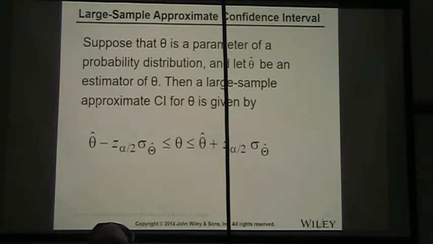Then a large sample approximate confidence interval for theta is given by theta hat minus z alpha divided by 2 times the standard deviation of theta hat, less than or equal to theta, less than or equal to theta hat plus z alpha divided by 2 times the standard deviation of theta hat.